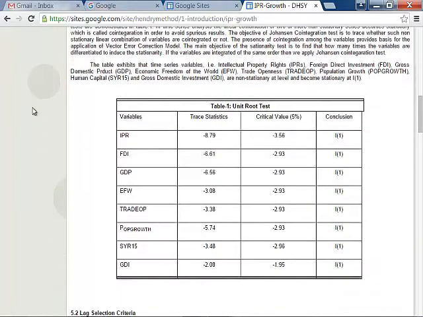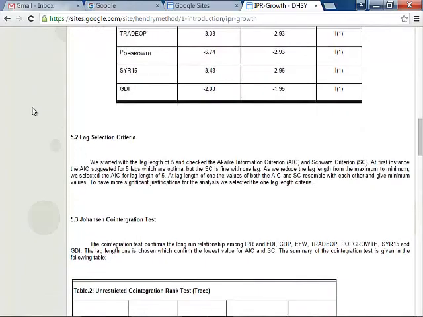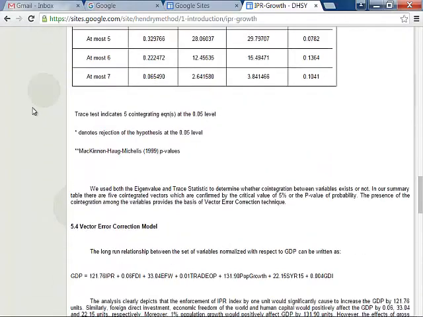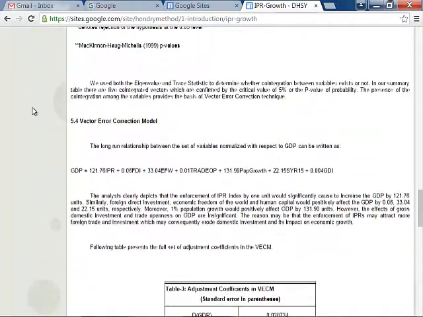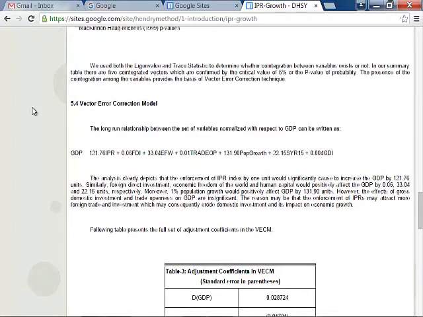And here is the analysis. GDP equals 121 times IPR plus 0.06 times FDI plus 33 times economic freedom, 0.01 times trade ratio, 131.9 times population growth, and so on.